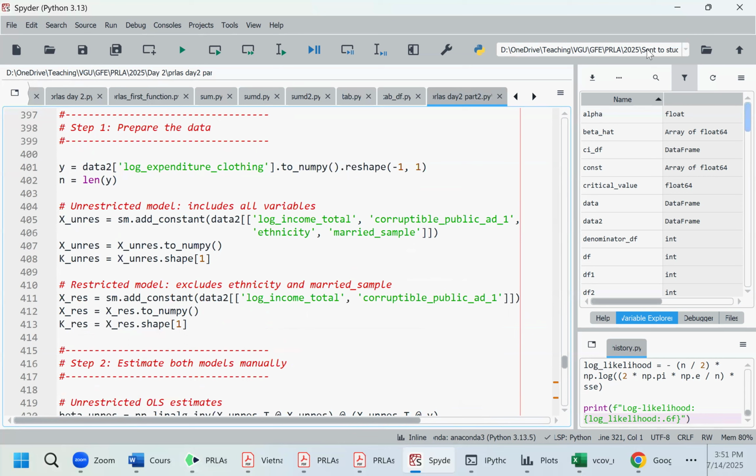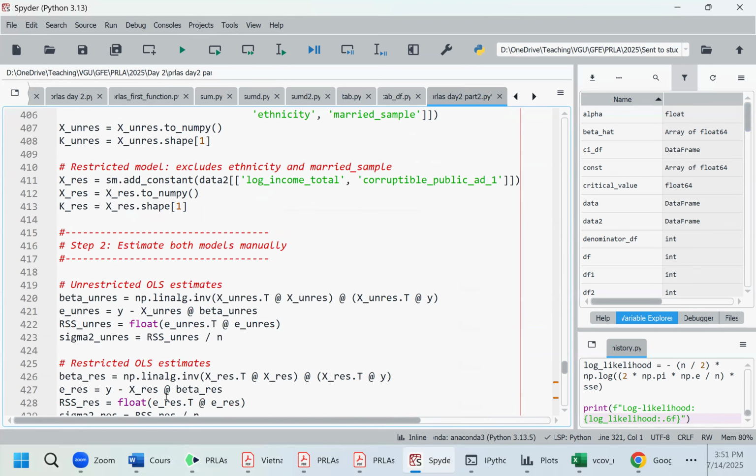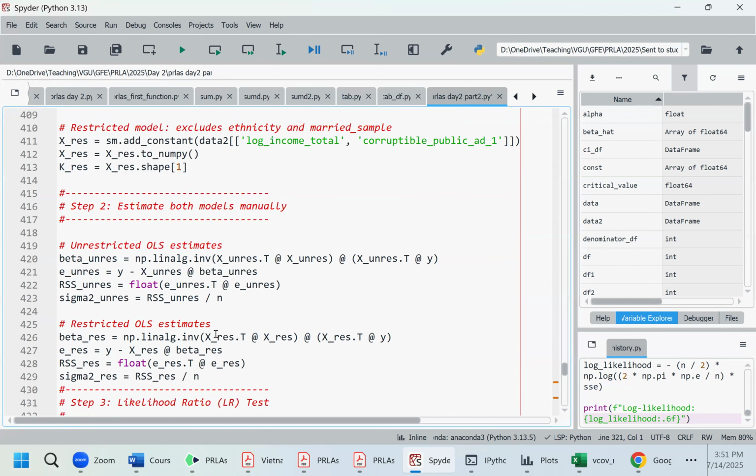So again, we define it in this way. So we estimated both models manually. I would expect you, if you have time at home, to sit down and type all of them once more, so you develop the sense of coding. Actually, when I started learning Python, I did that. I went through one whole book, and then I got used to it.